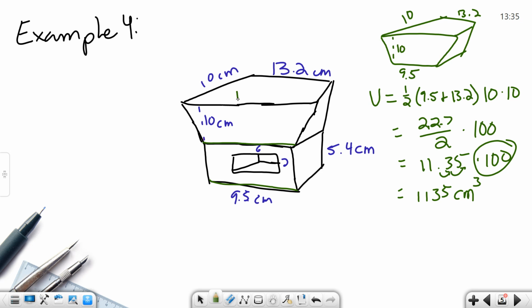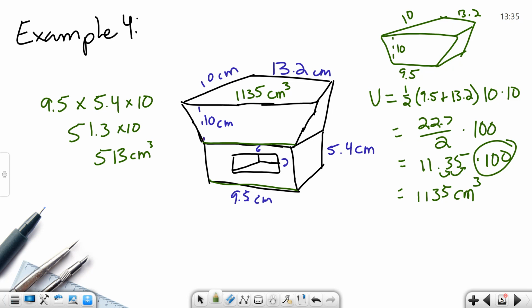Now that is just for this prism up here. For the larger rectangle, we have 9.5 times 5.4 times 10, 513 centimeters cubed. And for the smaller one, we have 6 times 2 times 10.